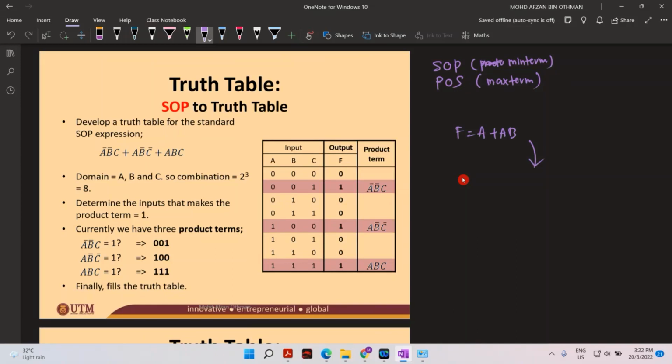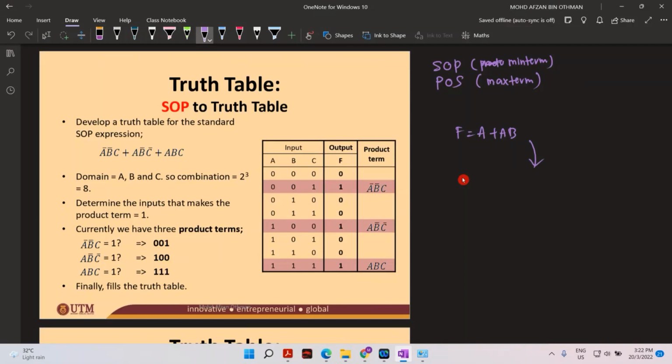Yang tu nanti saya akan ajar macam mana nak buat without need to use the standard SOP or standard POS, terus kamu dapatkan truth table. So later I will show you how to do it. Now we follow step by step. Mula-mula kamu kena dapatkan standard SOP dahulu.